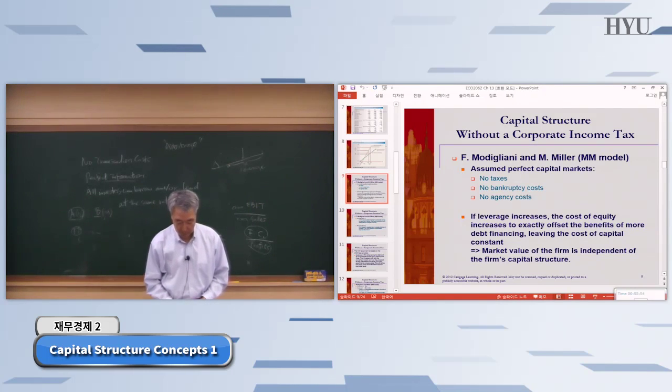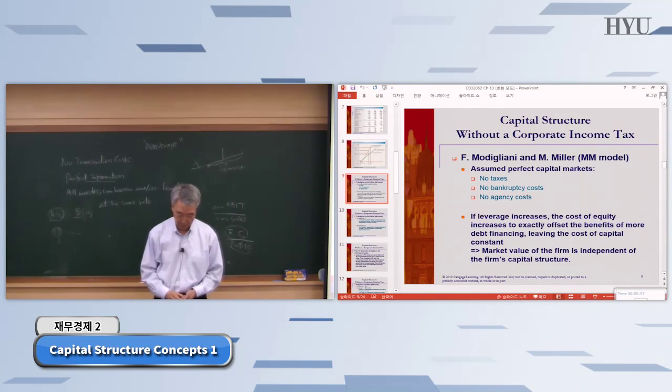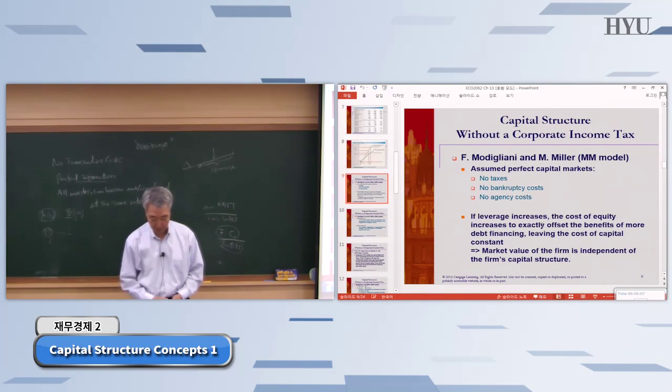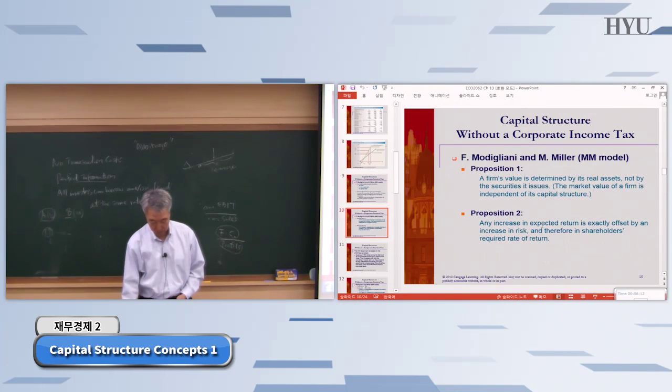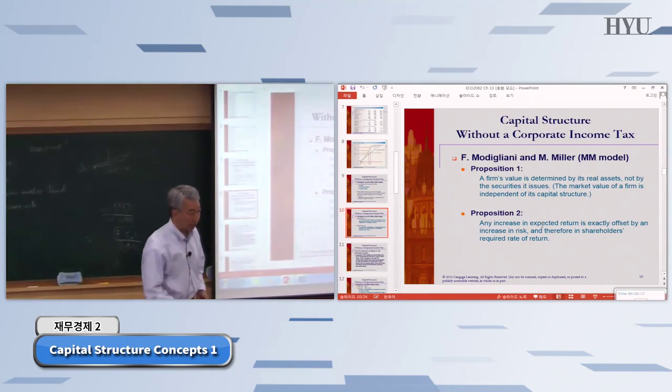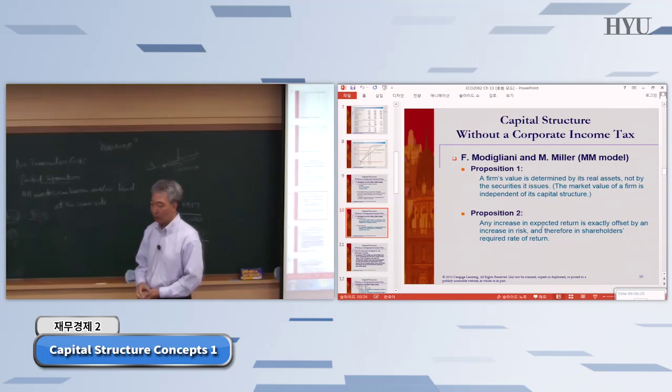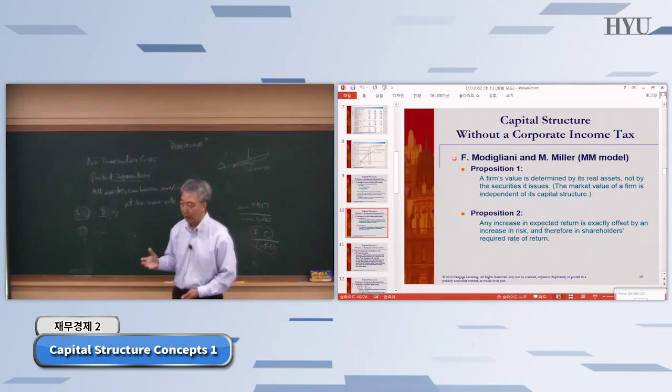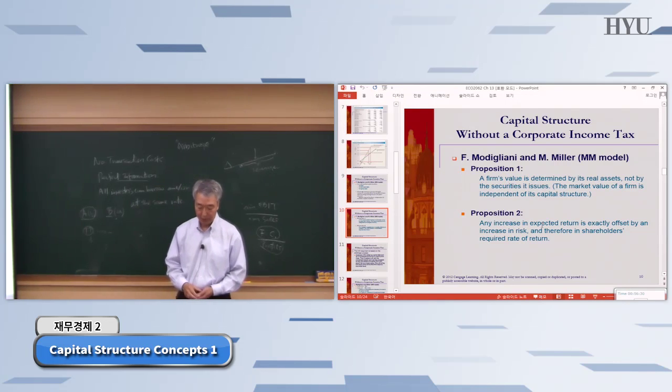The cost of equity increases to exactly offset the benefits of more debt financing, leaving the cost of capital constant. And market value of the firm is independent of the firm's capital structure. That's proposition 1. The firm's value is determined by the total amount of real assets; the composition, the proportion of debt and equity, doesn't matter.